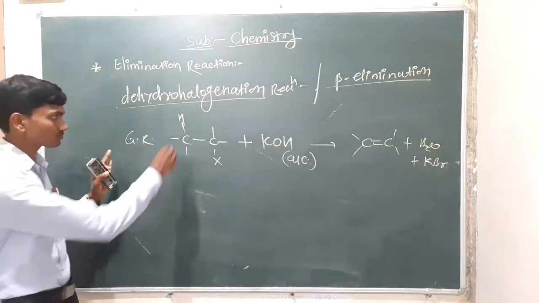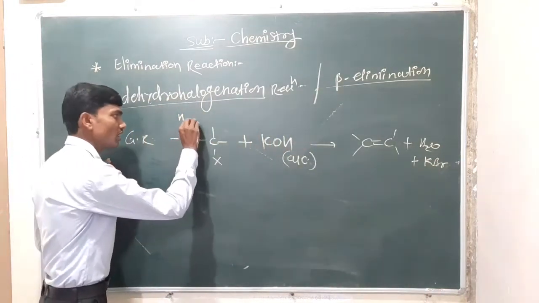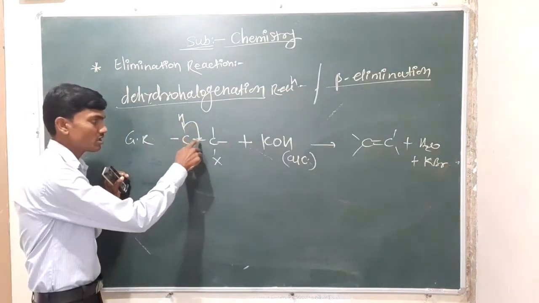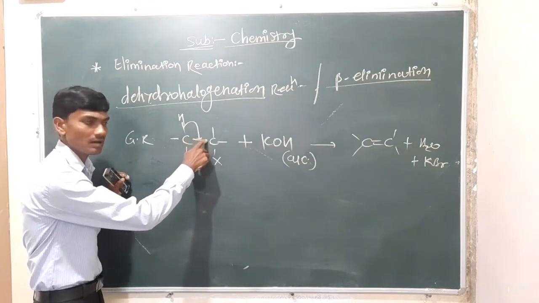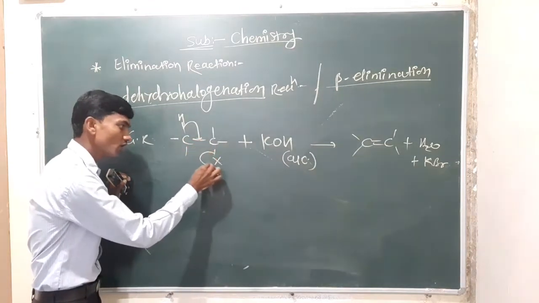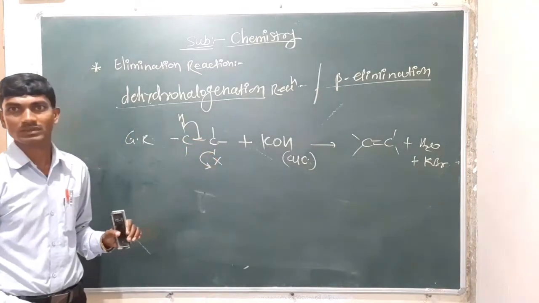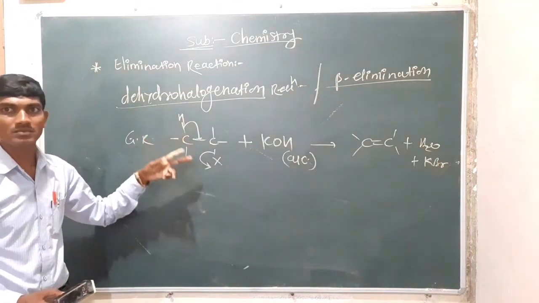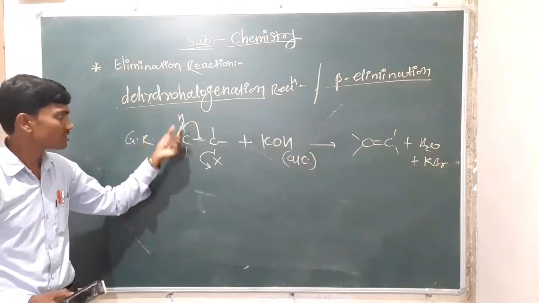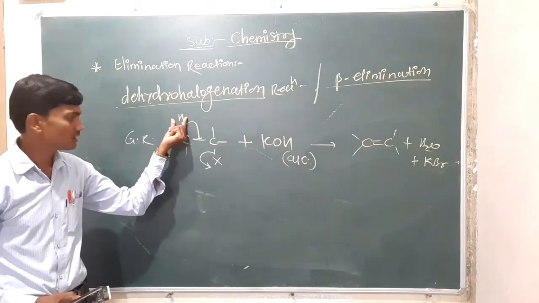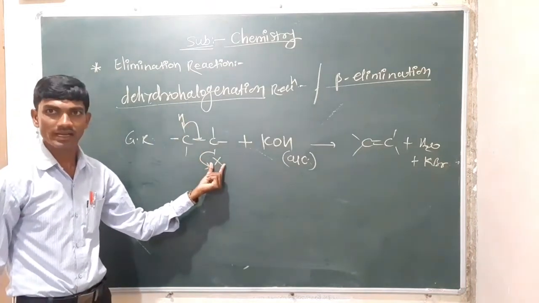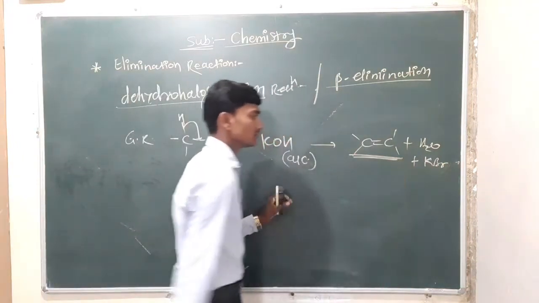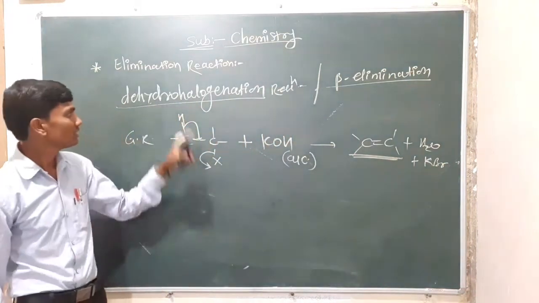General reaction: breaking of the carbon hydrogen bond, formation of a carbon carbon double bond, and removal of the halogen atom. Two groups or two atoms are removed in this general reaction. First one is hydrogen atom and second one is halogen atom to form alkene.